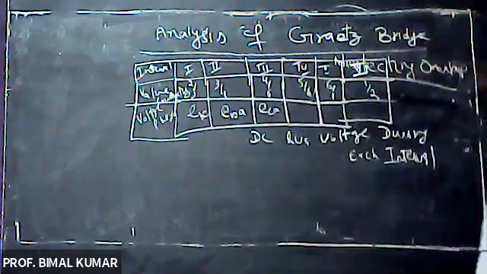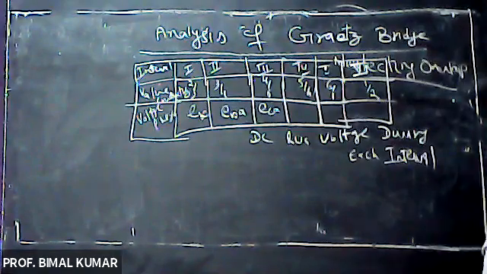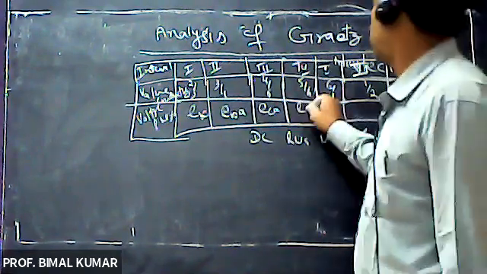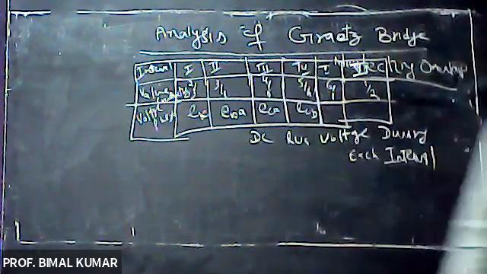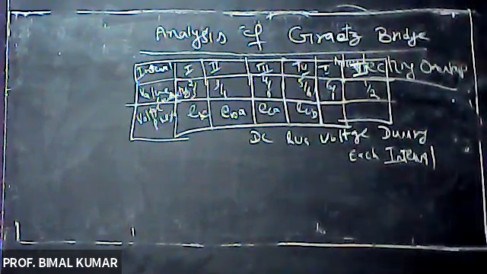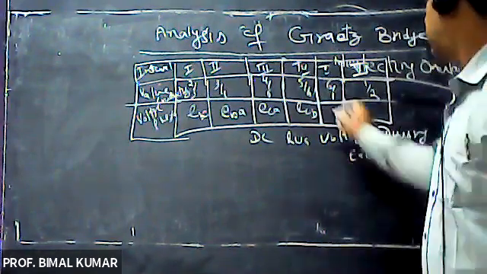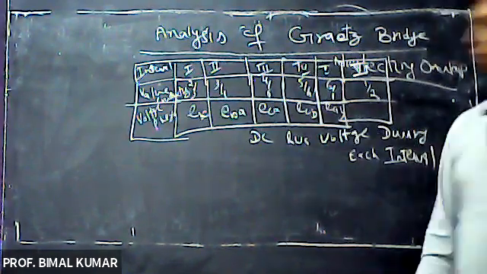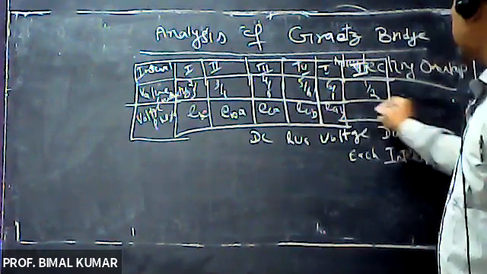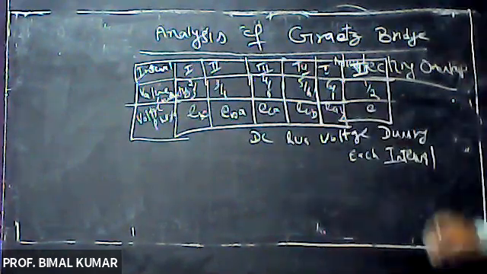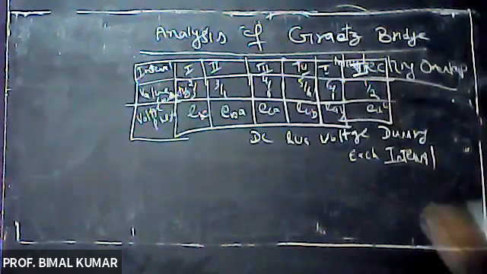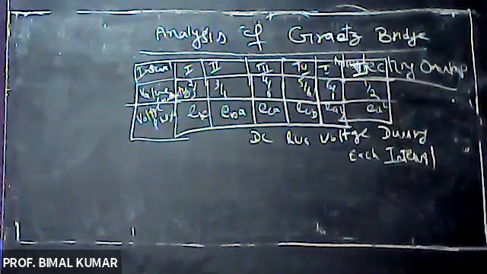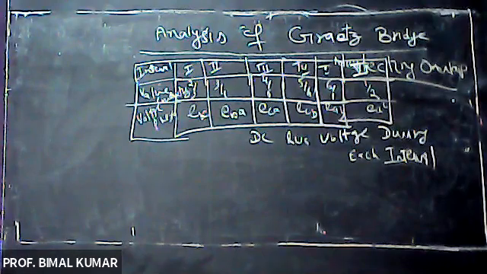Then during the next interval, the voltage is ECB. Then during the interval when 6 and 1 are conducting, it is EAB. And during the last, the voltage available across the bus is EAC. So these are the DC bus voltages across the converter for each of the 6 intervals.